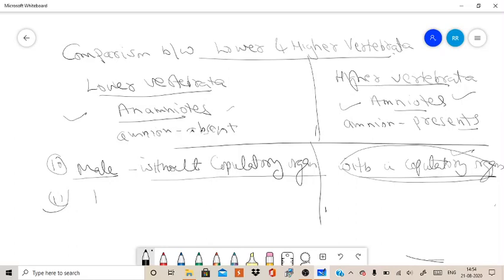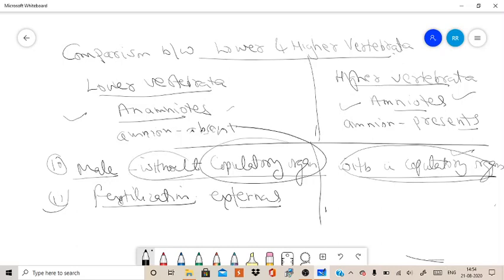Next, fertilization is external in anamniotes due to the absence of a copulatory organ, whereas it is internal in higher vertebrates due to the presence of a copulatory organ. So both these points are in relation to each other. The presence of a copulatory organ is helpful in internal fertilization.